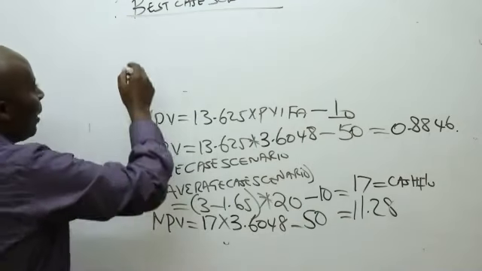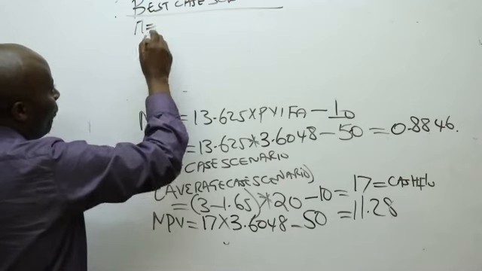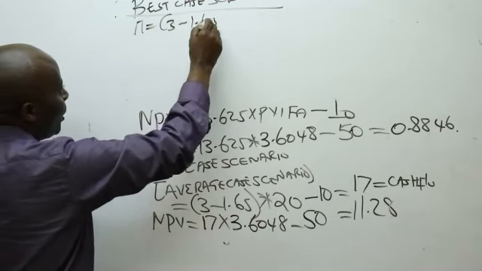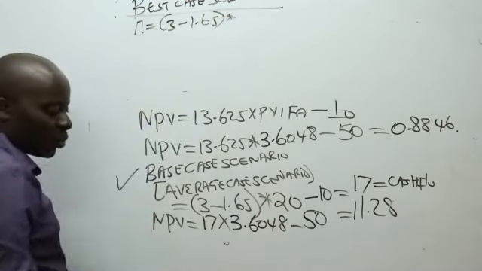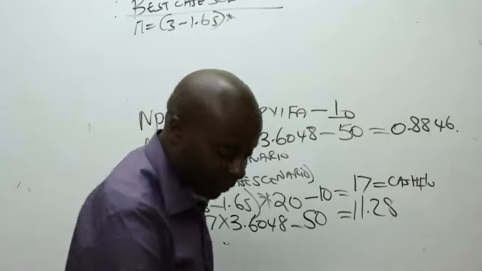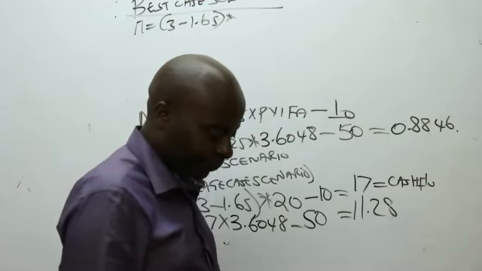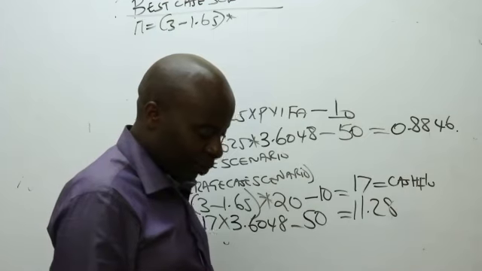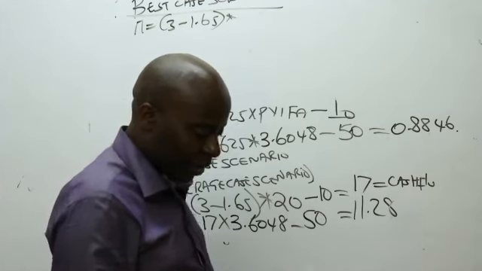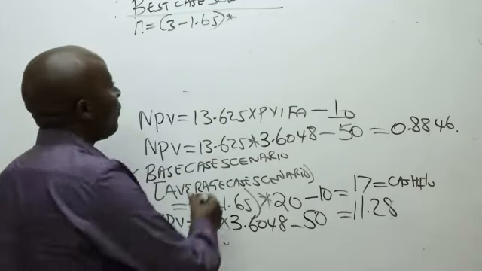I have my profits. 3 minus 1.65 multiplied by the best quantity. And the best quantity being given here is which quantity? The best quantity being splashed here is 22.5. So we have here times 22.5.